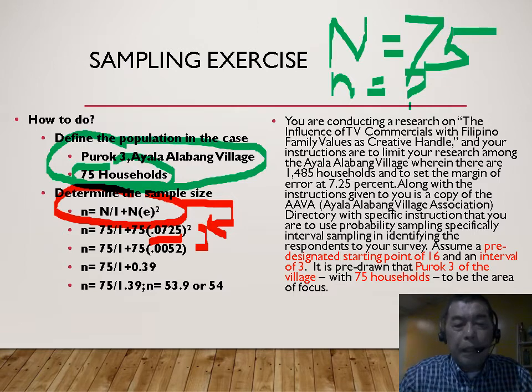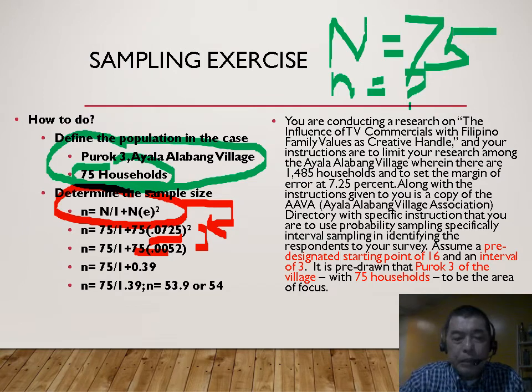So, you square this one, you have 0.0052 multiplied by 75. So, what is the process? The process is you square first the margin of error. This one first. You square this one so that you will get this value, 0.0052.